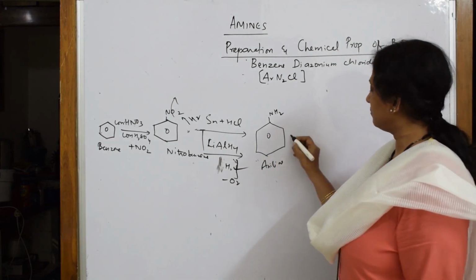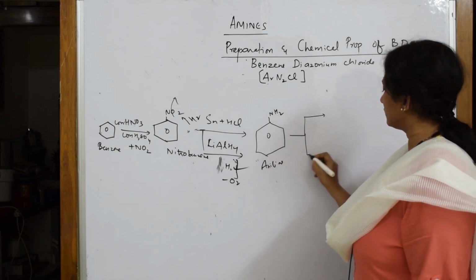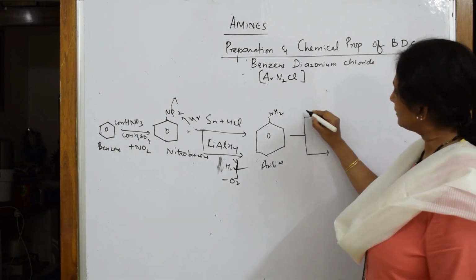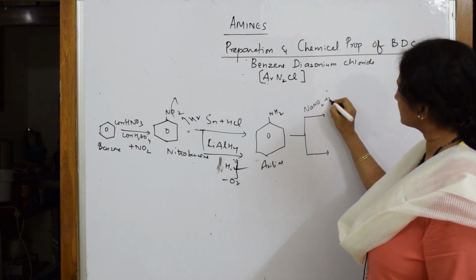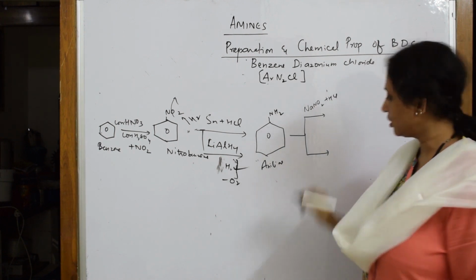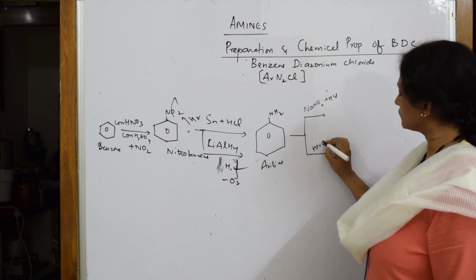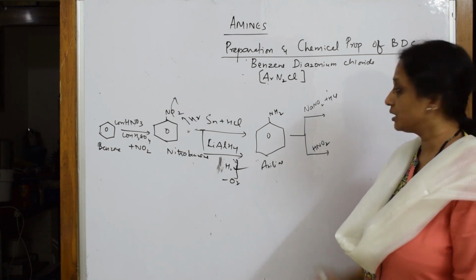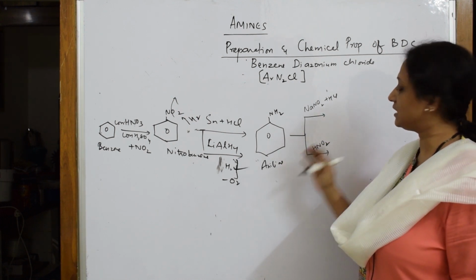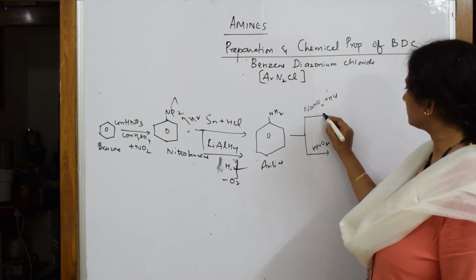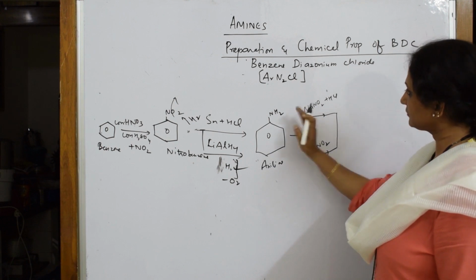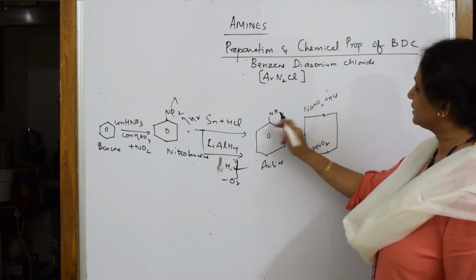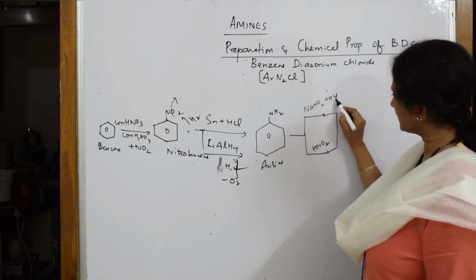From aniline, BDC can be prepared by two methods. Either, as you will see in your paper, NaNO2 plus HCl as one composition, or HNO2. Both will convert aniline to BDC. So what's going to form? Your HCl, isn't it?